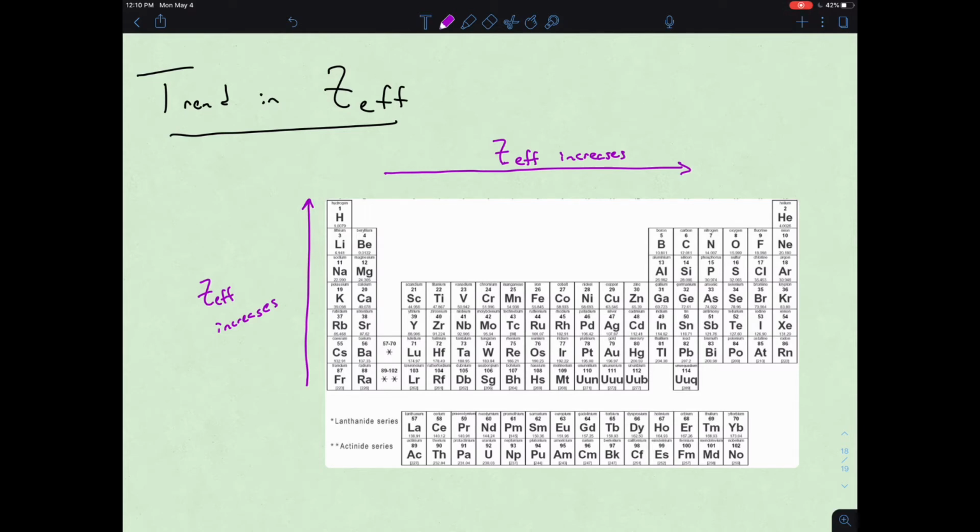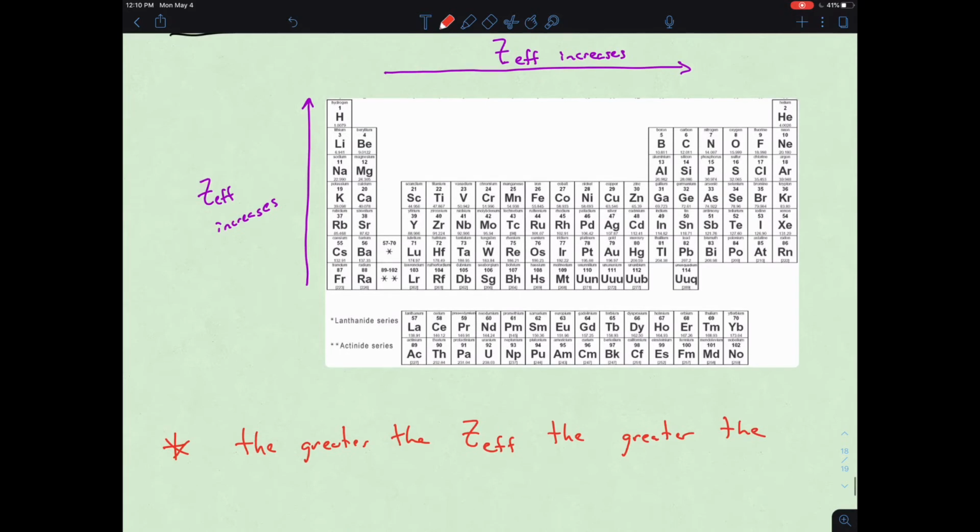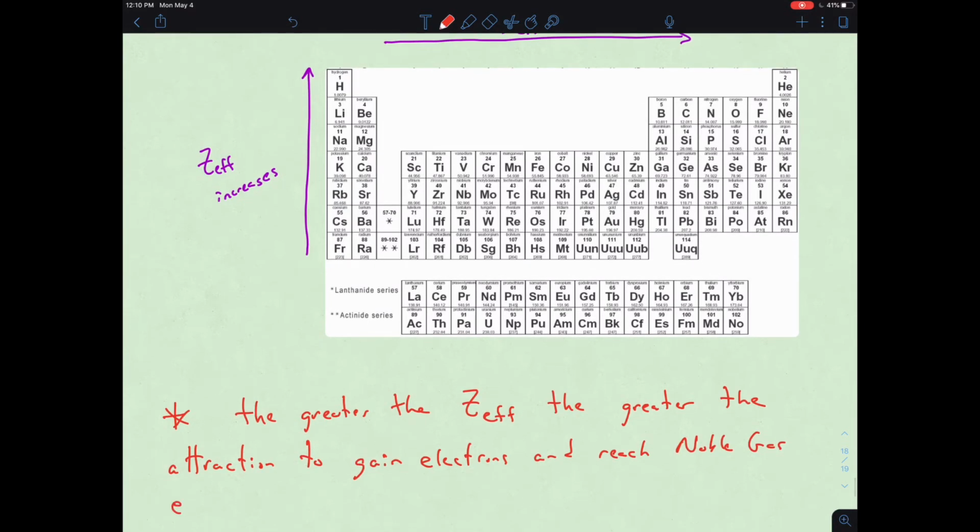So that's Z effective, and I think the biggest thing that we have to take home from this is, the greater the Z effective, the greater the attraction to gain electrons and reach that noble gas electronic configuration.